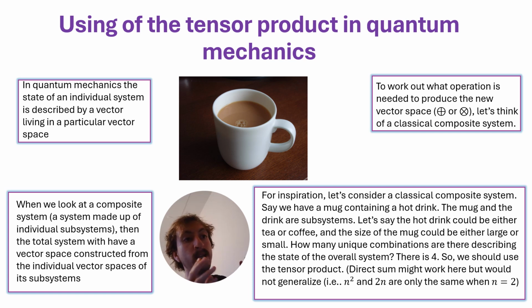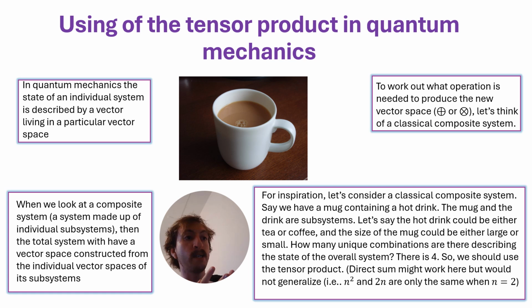So the individual subsystems, the type of mug, and also the choice of drink, there are only 2 options for each of these. And therefore the subsystems we can think of as vectors with 2 components, whereas the overall system, the composite system, has 4 components.